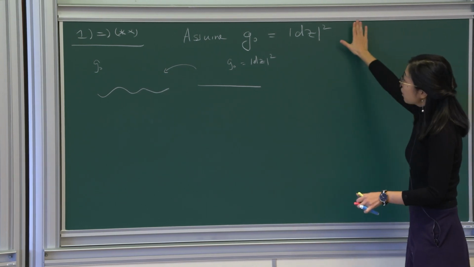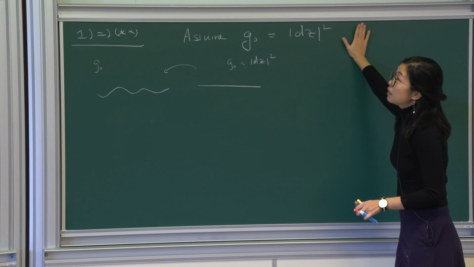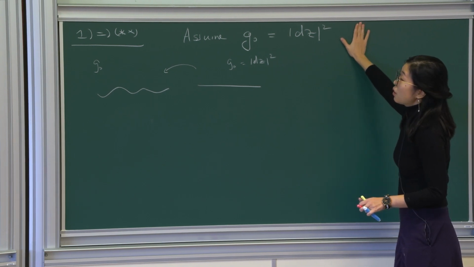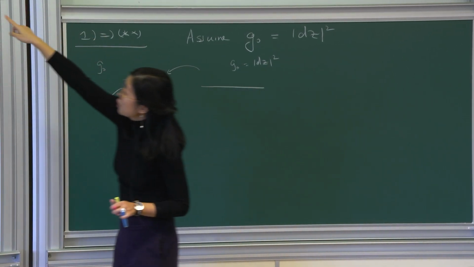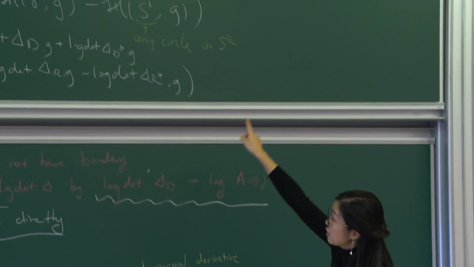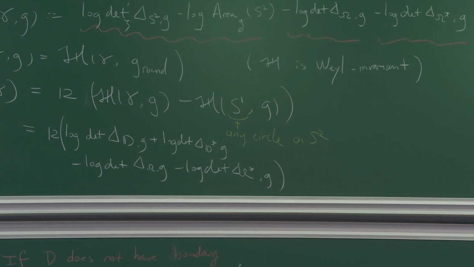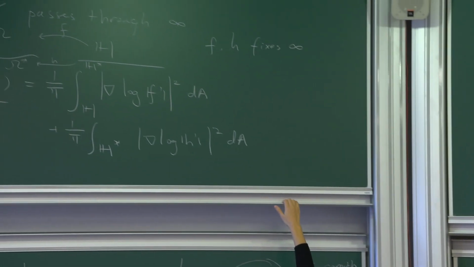A priori, I cannot apply it. So now I'm going to check. I'm going to plug this g0 into the right-hand side of my formula, and I'm going to show that it's equal to the formula on the left board. So this is equation 1.